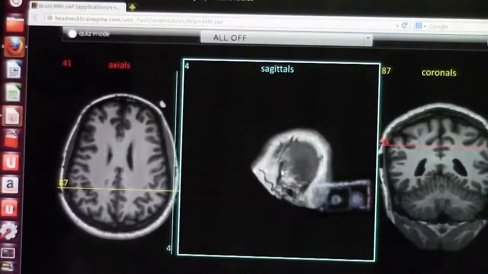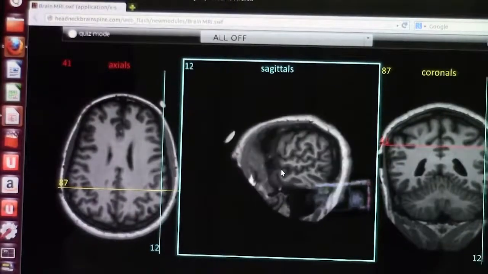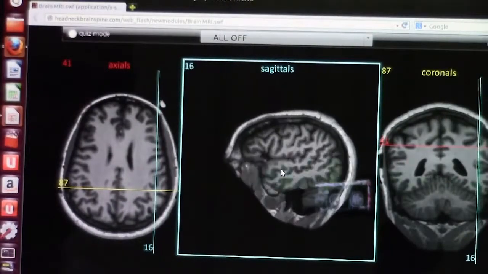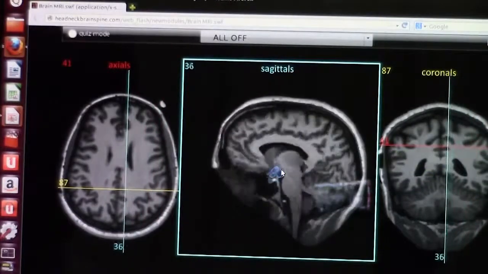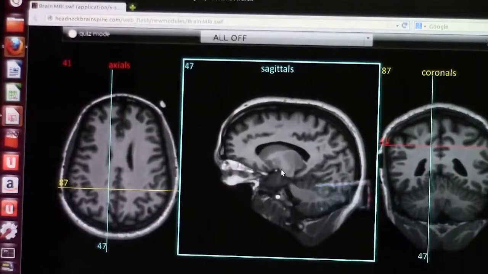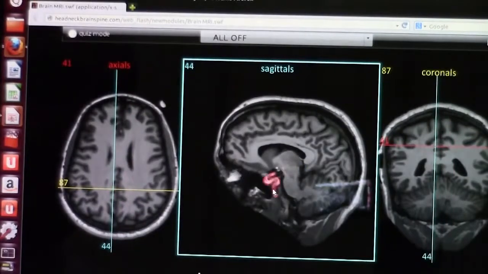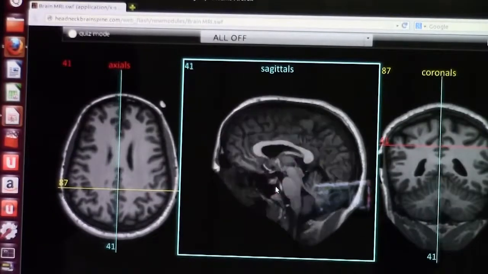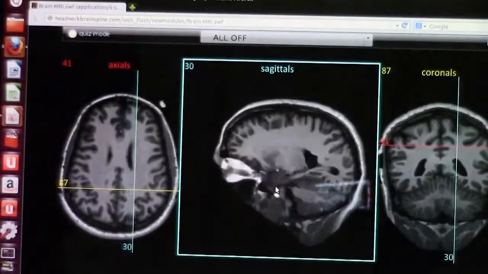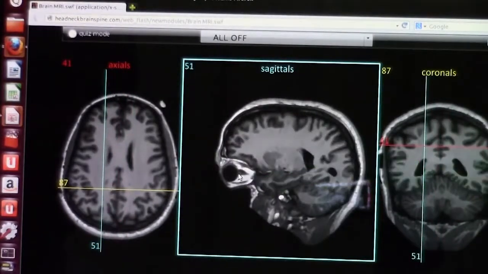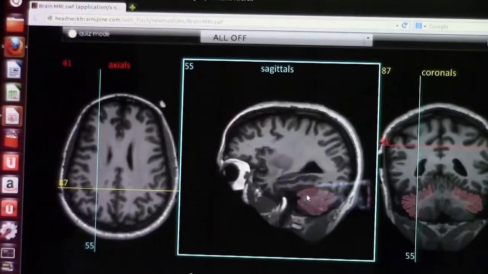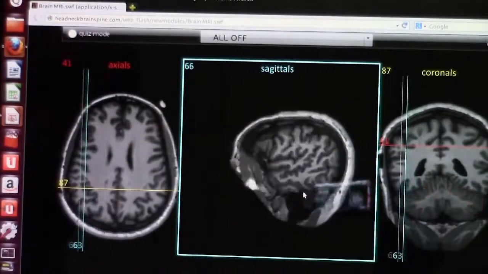You navigate all the way to the extreme left, then all the way to the extreme right. And you see here the carotid artery anatomy, beautiful and very clear. Then you go all the way to the extreme right, looking at the same structure and looking at the whole brain MRI.